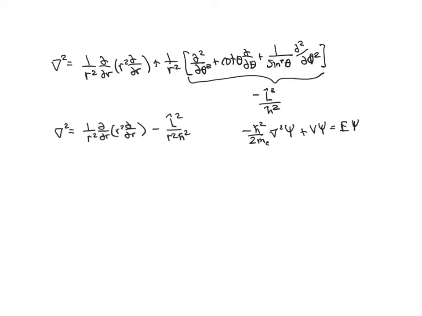So we're going to multiply del squared by minus h bar squared over 2 times the mass of the electron.